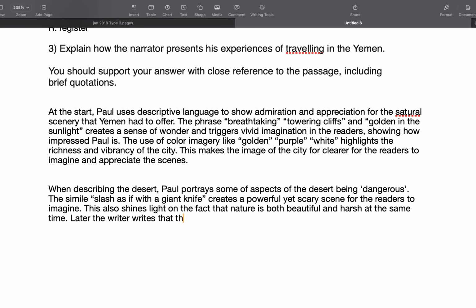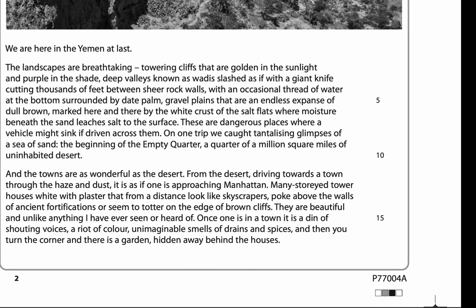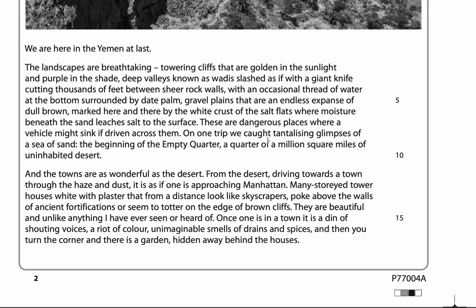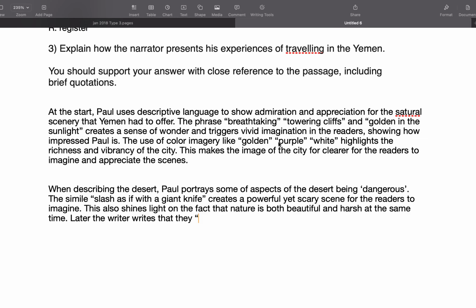What did they see? Caught a tantalizing glimpse. You can spell that with a Z, it's fine. Tantalizing glimpses of a sea of sand.